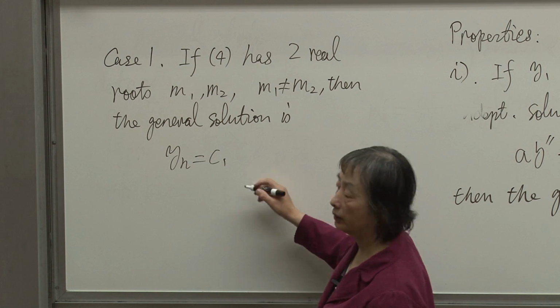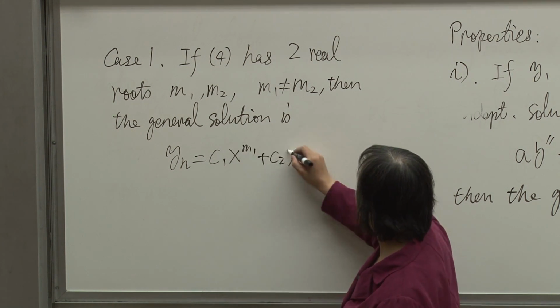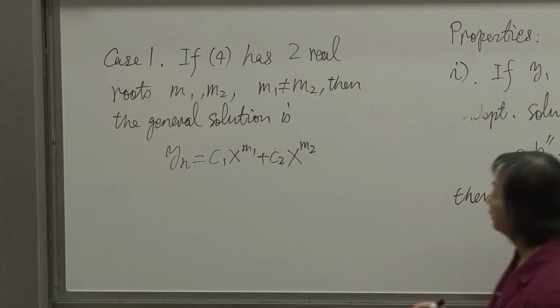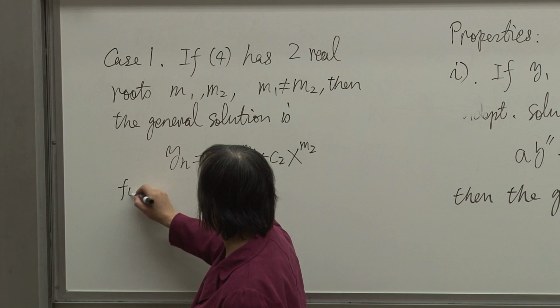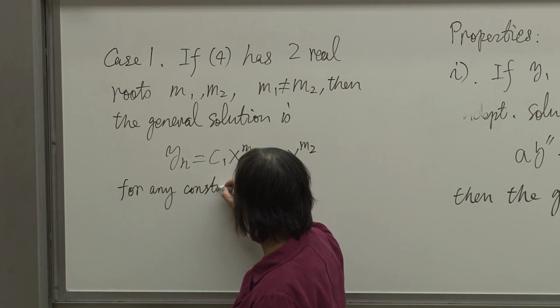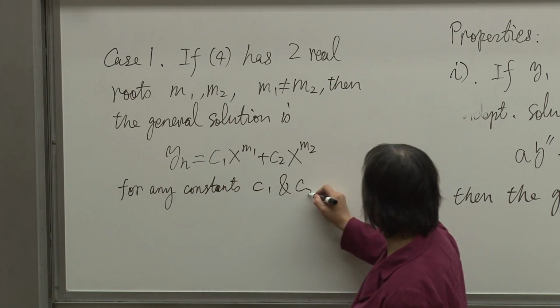So we get c1 x^(m1) plus c2 x^(m2) as a general solution for any constants c1 and c2.